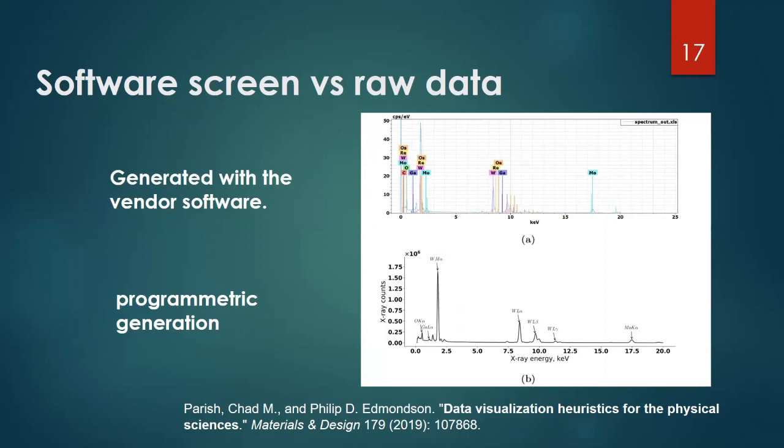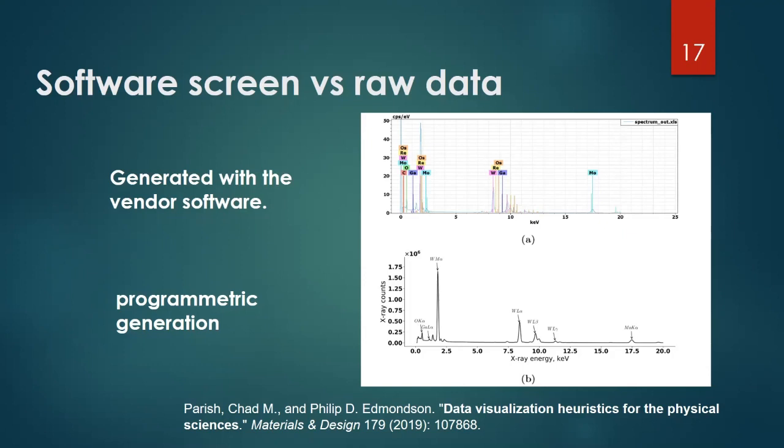It is programmatic generation. It means that, for example, if you use Python, MATLAB, or some software, you can change the way of presentation. You can make it bold, you can define the axis size, the resolution of the axis, and different things to make it better.